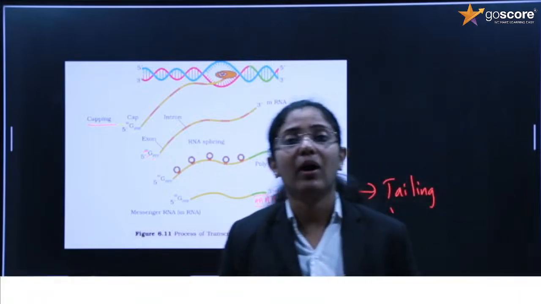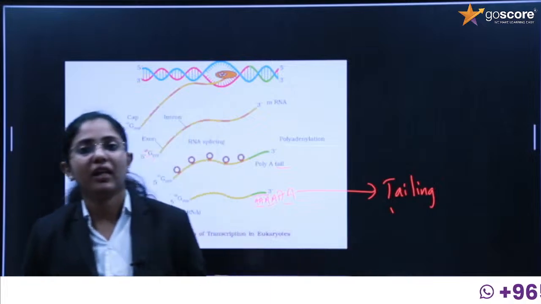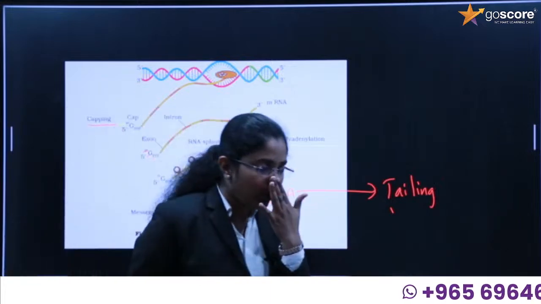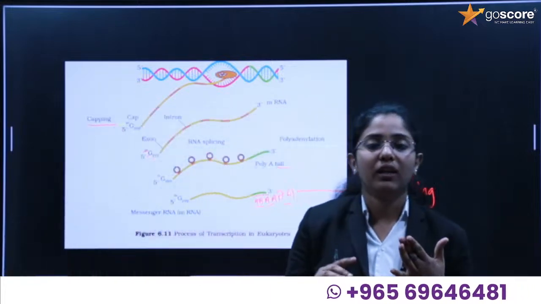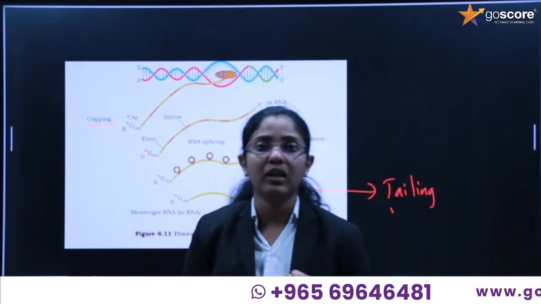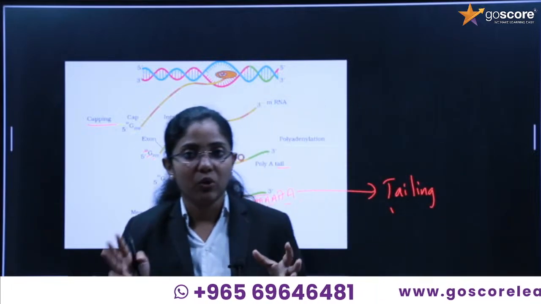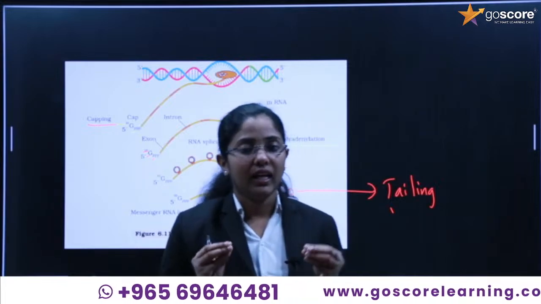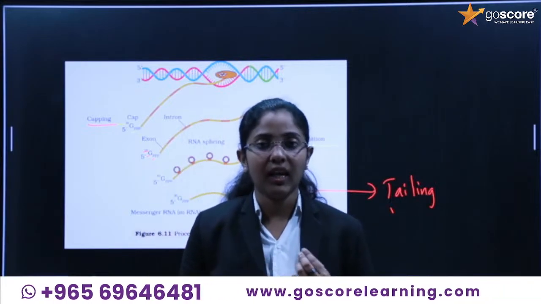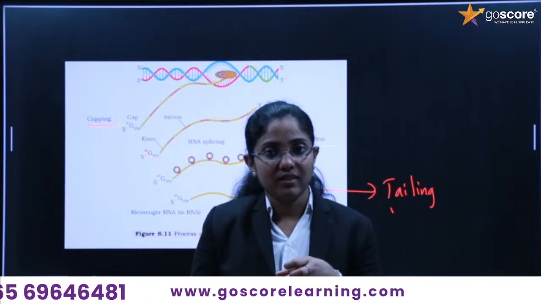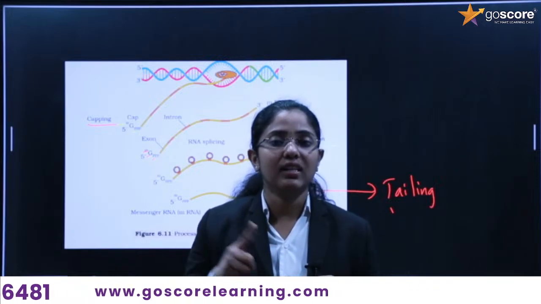So that is all about transcription in prokaryotes and eukaryotes. Once again, in transcription you have to think about the structural unit. What is the unit for transcription? It includes DNA, with the promoter site, the structural gene site, and then the terminator site.